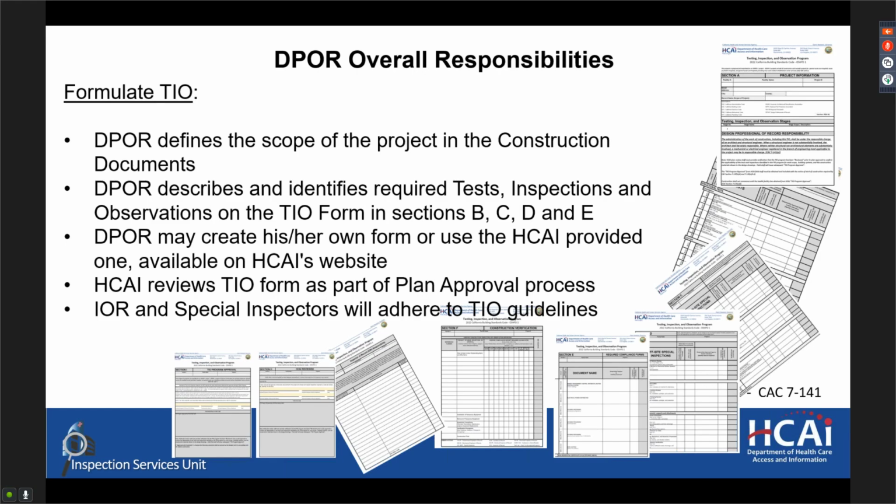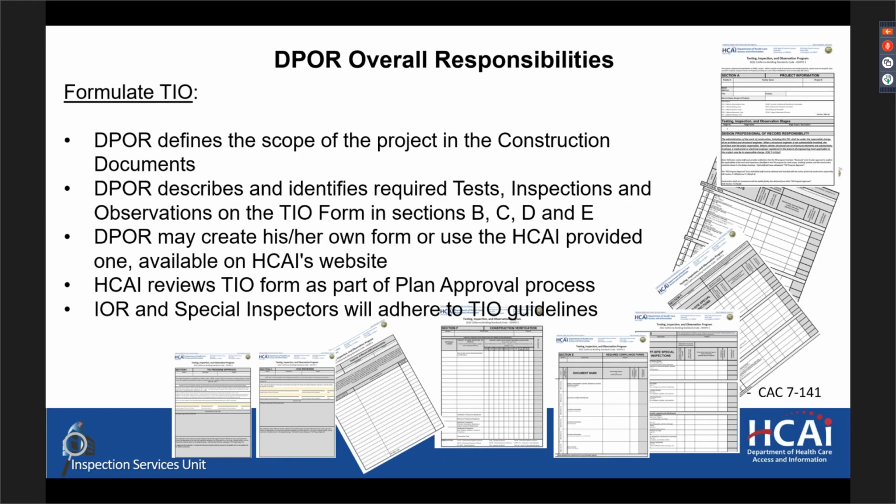The DPOR is the individual with the most intimate knowledge of the project as it's going through plan review, and thus he or she is probably the individual who is most qualified to list out the tests and inspections that are required to make sure that the project is built according to the plan. Thus, it is his or her responsibility. The DPOR should be describing and identifying required tests, inspections, and observations on the TIO form in sections B, C, D, and E.